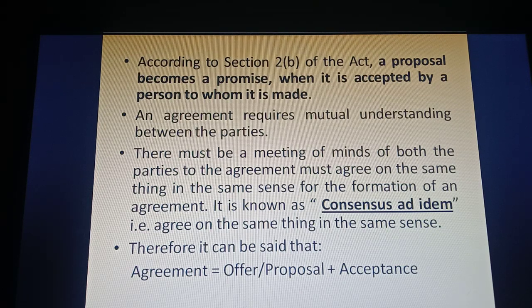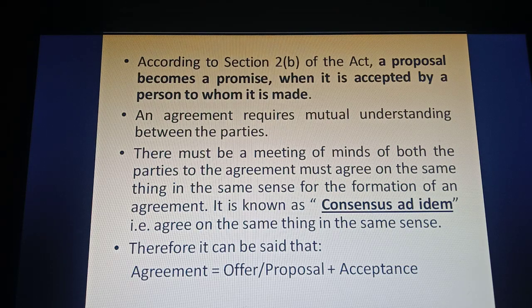So, the proposal must be accepted by the person to whom the proposal was given, or on his behalf by any person, provided that person must be authorized by the person to whom the proposal is given.